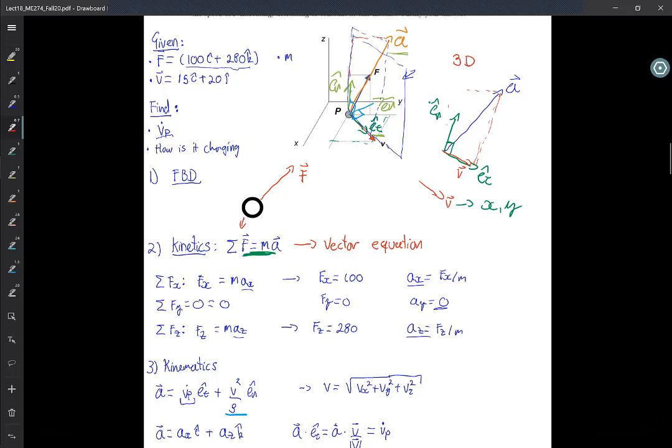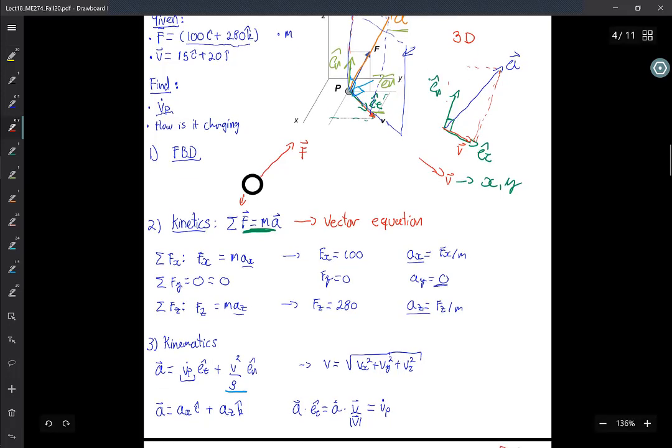Now, why did I take so much time to do this? Because first thing, the acceleration vector can be expressed in any coordinates that you want, right? And we have taught you three: Cartesian, path, and polar descriptions.